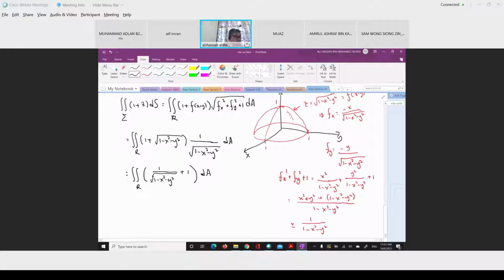Okay, what is a good way to evaluate this double integral here? What is the region R? Where is the region R here?